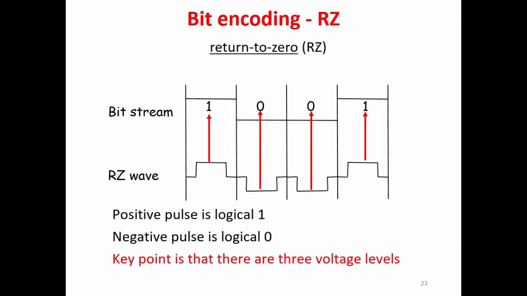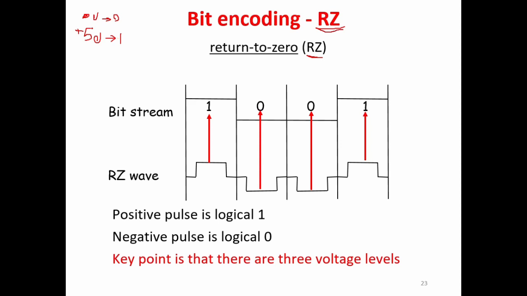Here I can explain the details of this bit encoding using the return to zero method. For the return to zero method, we have three different levels. Previously, we know that zero voltage is shown by 0, and plus 5 voltage is represented by 1 in the digital platform, right? We are working with binary, either 0 or 1.